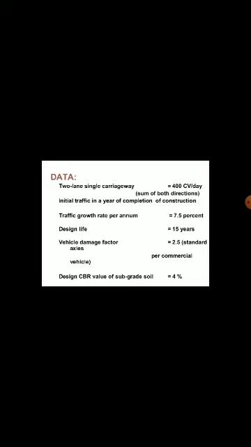Vehicle damage factor is 2.5 axles. Then the design CBR of the subgrade. The distribution factor is for the cumulative number of standard axles to be catered in the design, N. It is given that the distribution factor is 0.75.